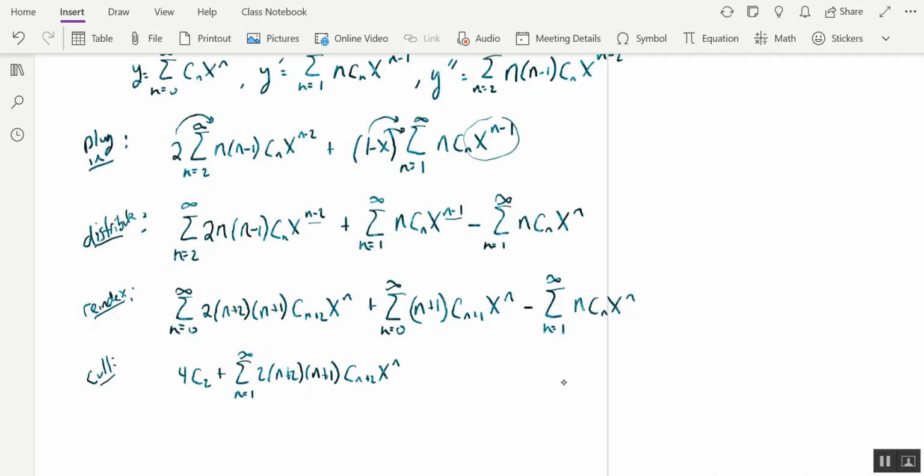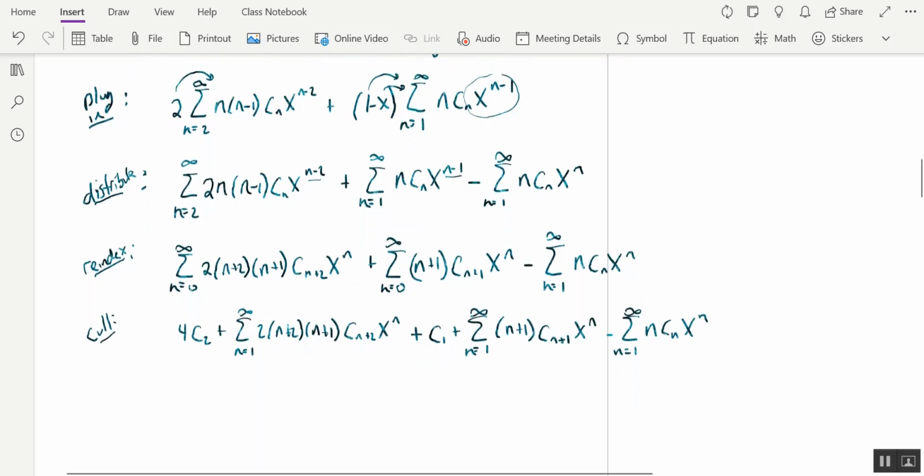And then from that second power series, I need to cull off the 0 term. And so that will give me c1 plus, now I can write down the rest of the power series, n equals 1 to infinity, (n plus 1) c_{n+1}. You can see why I left a whole page for this, huh? x to the n, and then the last one I just leave alone.